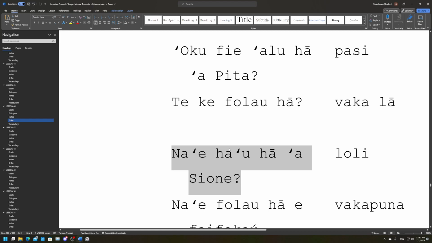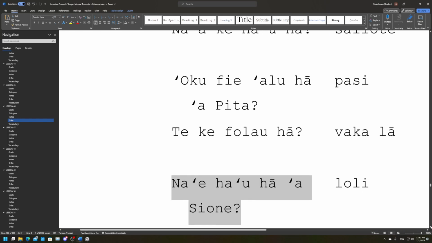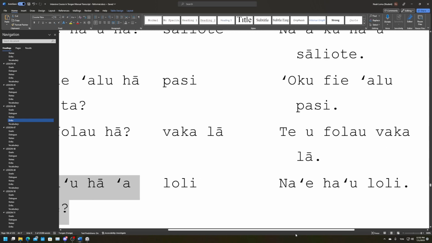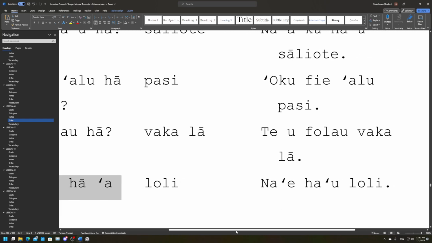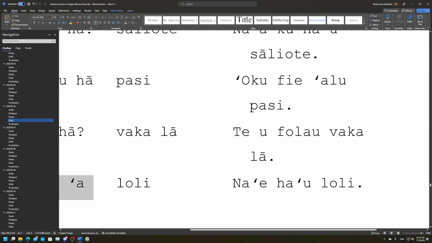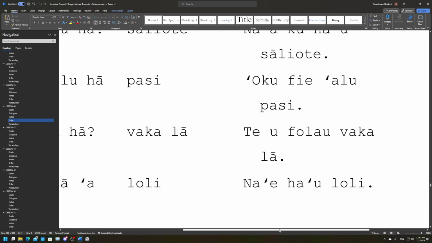No, it's not a ha'u lodi. It's not wrong to say Asione, but because we already know that I'm talking about Sione, you can leave it out. Here they leave out the answers, but it's not wrong to keep Asione.